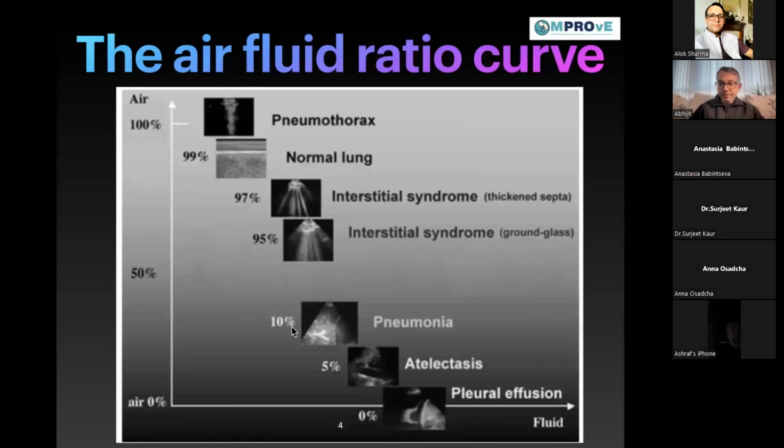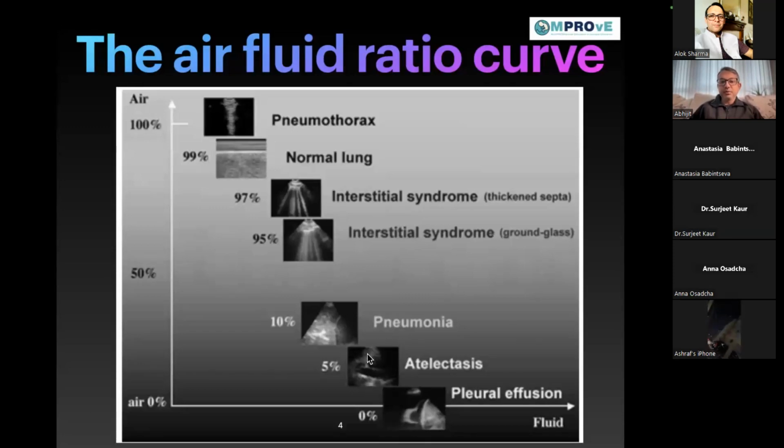You replace 10% with fluid, transudate, exudate, it might be anything, or for that matter, hemorrhage, filled up with blood. You start seeing the picture of a compact, dense lung field, and compact B lines and broken pleural lines. So that's what happens in pneumonia as well.